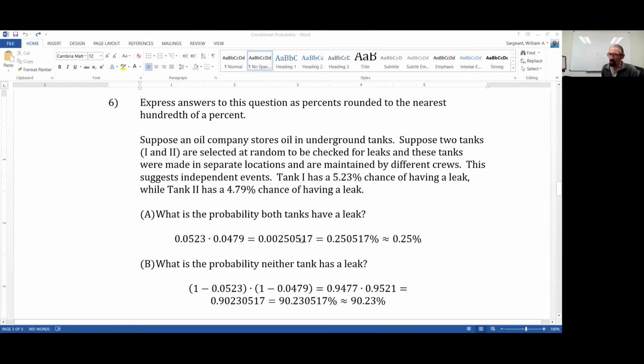What that's telling us then is that although we said the event of tank 1 leaking and the event of tank 2 leaking were independent, well, I said earlier, independence means whether A happens or not has no influence on whether B happens or not, and vice versa. So tank 1 not leaking and tank 2 not leaking, those are also independent events.